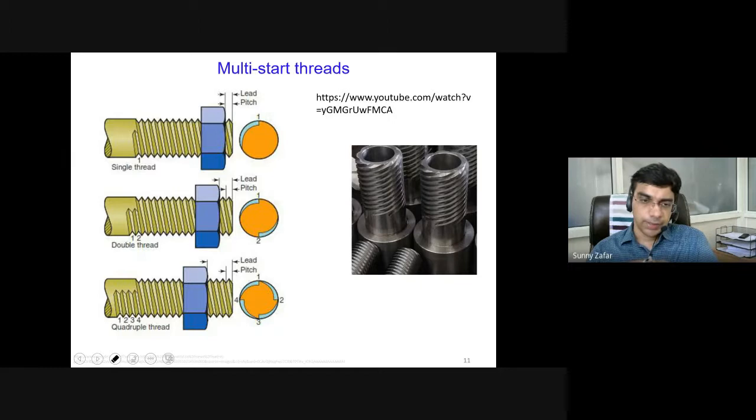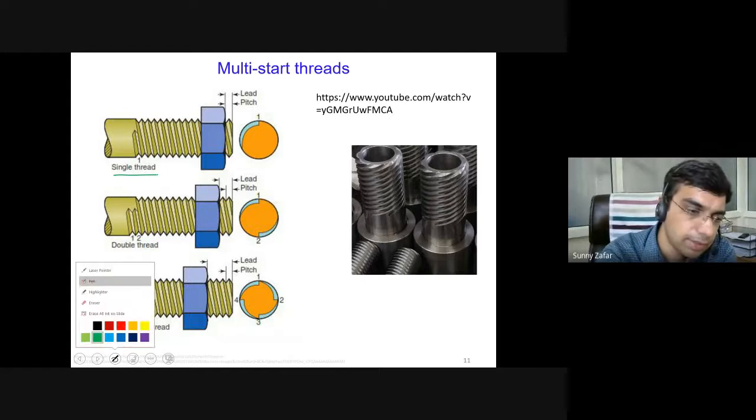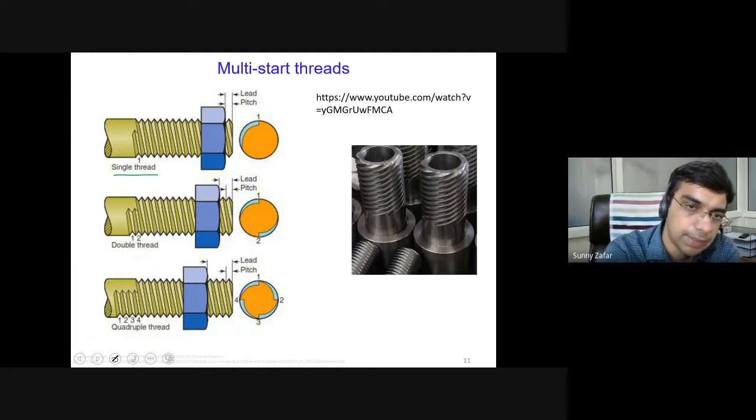Next, we see the schematic of the multi-start thread. The first schematic is the single start thread, where there is only one helix on the cylindrical surface, so lead becomes equal to pitch. In a double start thread, there are two helices.